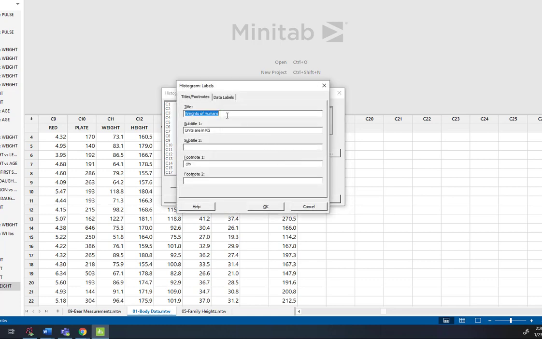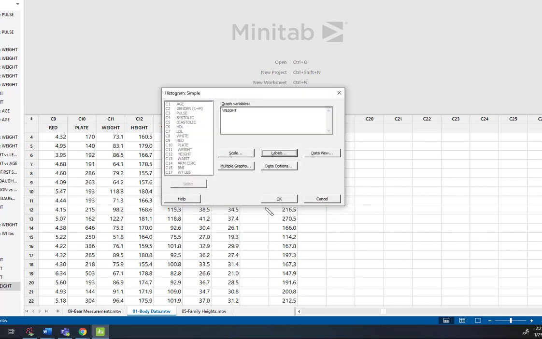Labels. Let's make our label be height, adults in USA. And units are in centimeters.